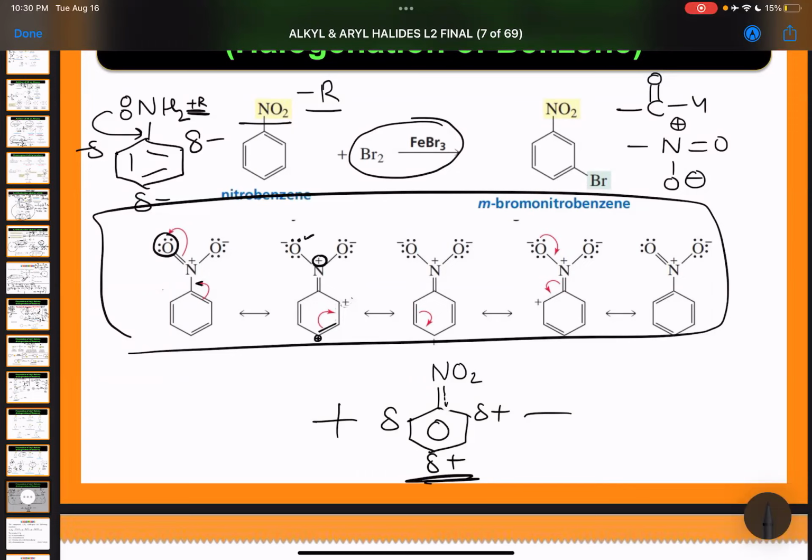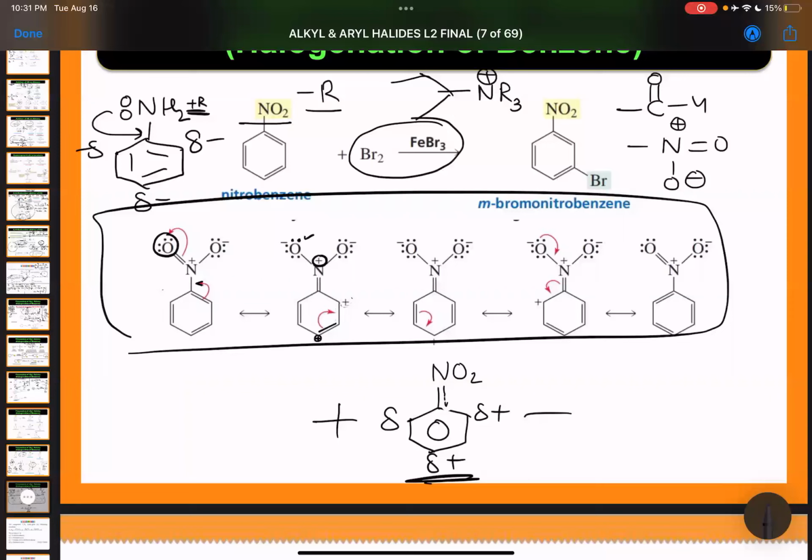So you have a double bond and there is a more electronegative atom at the other end of the double bond, which will pull the double bond, and that's how the group will pull the pi electron from the ring. Sometimes without a double bond also there can be an electron withdrawing group, like the groups which have a positive charge.